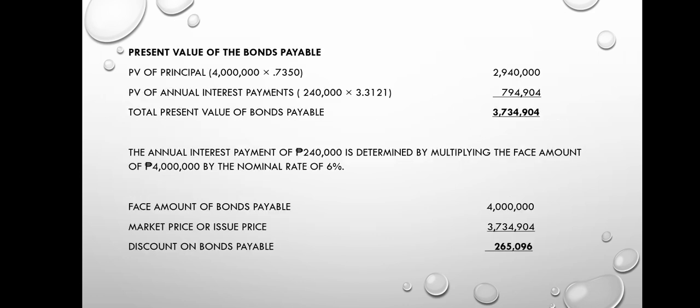This is the solution. First, let's get the present value of the bonds payable, which is the PV of principal.